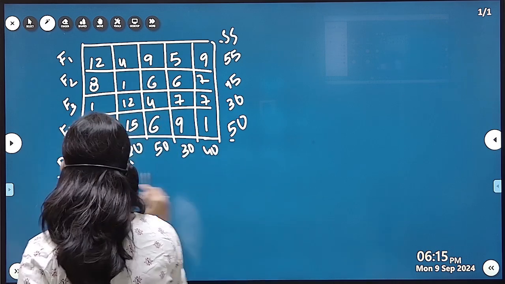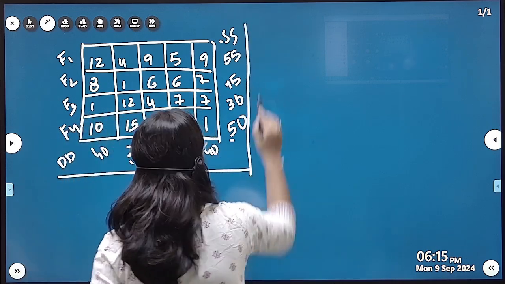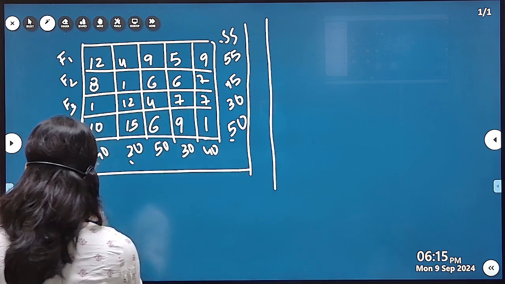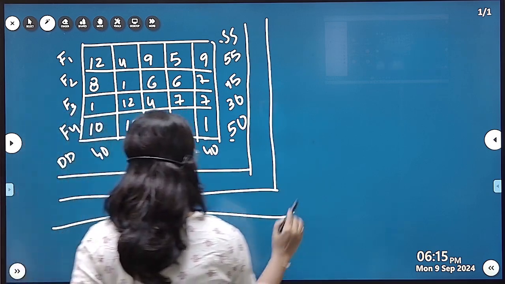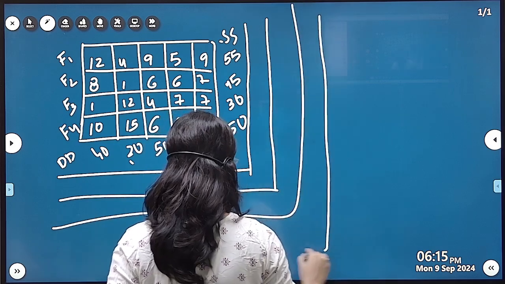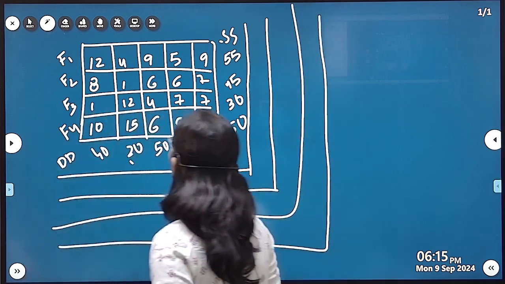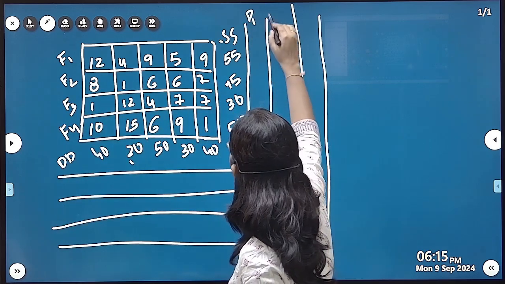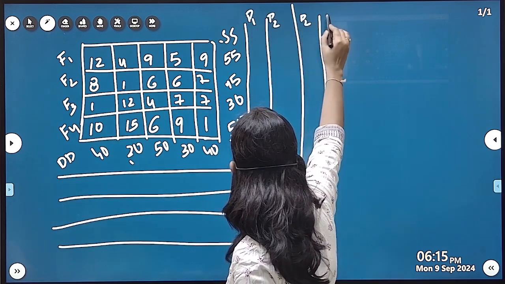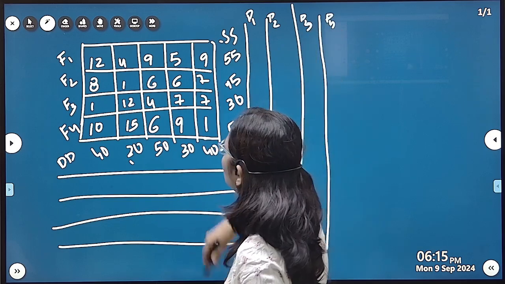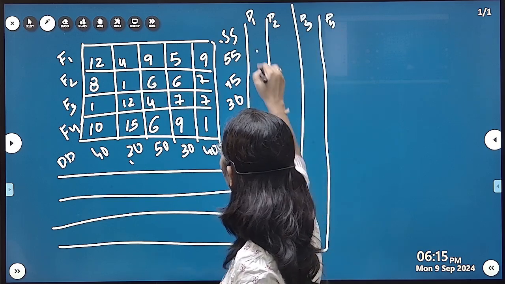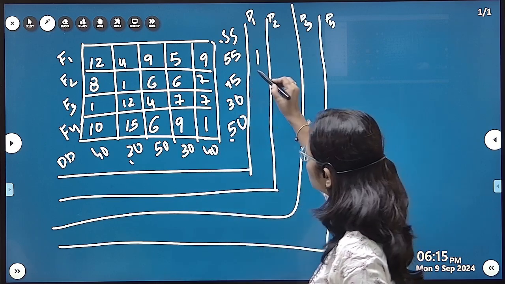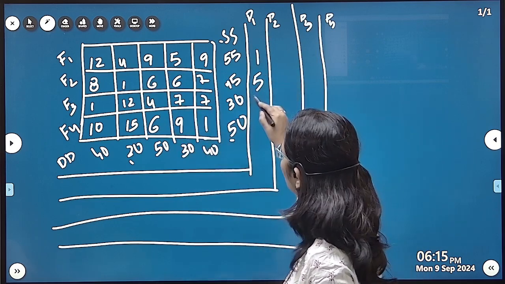So now tell me Vogel's approximation method. Tell me now, what is P1? 5 minus 4 is 1, 6 minus 1 is 5, and 4 minus 1 is 3.